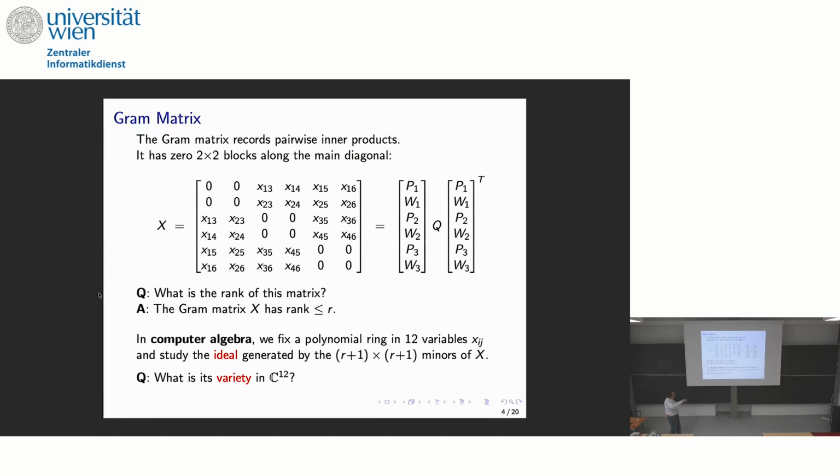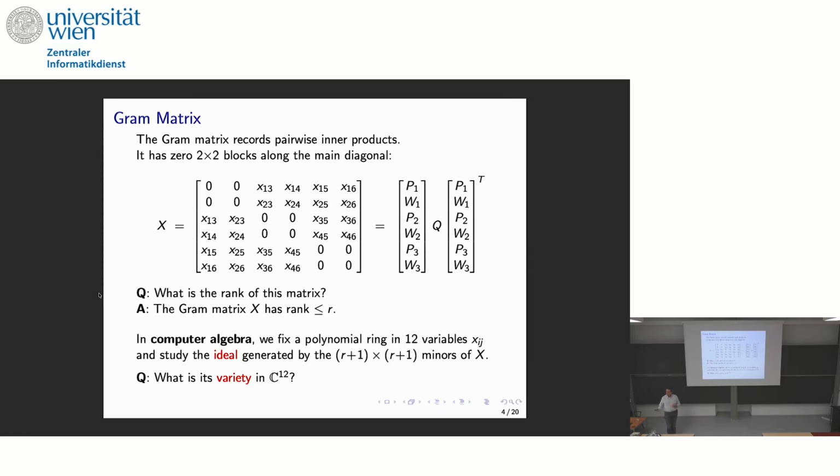Right? What are the matrices like this that had rank at most R? Well, to communicate this to our computer, we would specify the ideal of R plus 1 times R plus 1 minors. And we would ask, what is this variety? And I'm looking at this variety maybe in the affine 12-dimensional space.